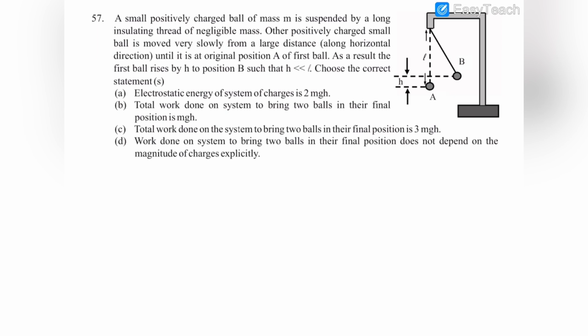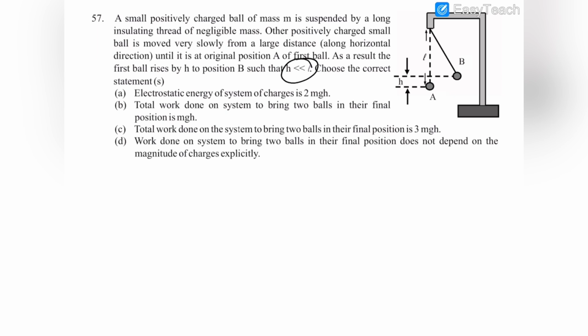Now, it is not mentioned in the question what the charges of these two balls are, but it is mentioned that the mass of ball B is m. In this case it is given that h is very less than L, so we have to make this assumption.